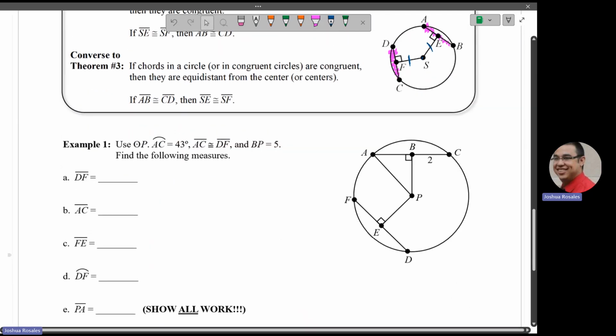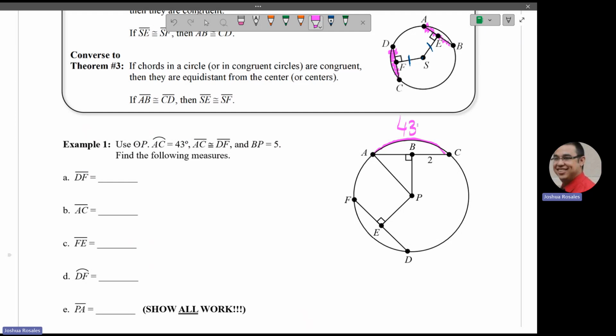So, with that being said, let's look at the first example. Now, let's write what they give us. They say, look at arc AC. So, from A to C, right there, that's 43 degrees. And then it says, look at the chord that it's using.